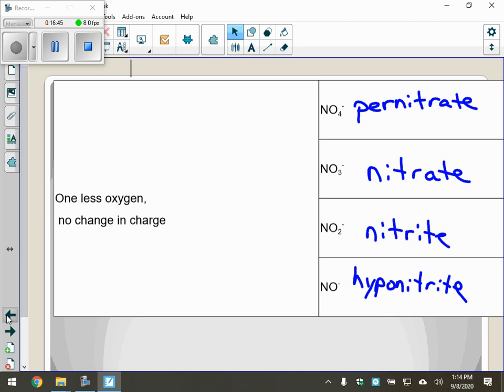So just because it ends in ate doesn't mean there's 4 oxygens or 3 oxygens. It really depends on what you can find on the periodic table, if that makes sense. Whatever you find, that's what it's all based on, all right? So it just depends. Like phosphate, PO4 is phosphate. Carbonate is CO3, but it depends on what you can find on the periodic table.